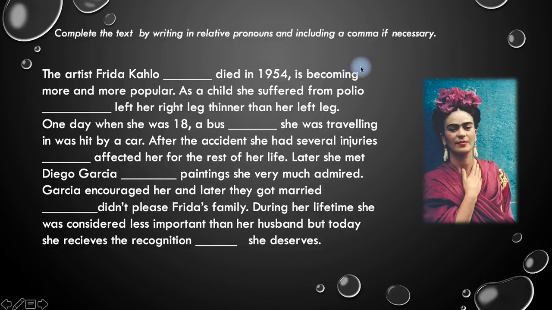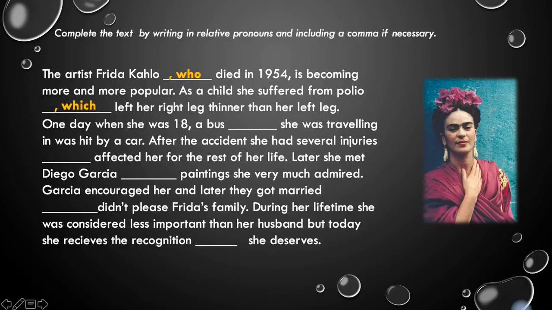Okay. Now let's look at the answers, and I'm going to read the text to you. The artist Frida Kahlo, who died in 1954, is becoming more and more popular. Yeah, non-defining extra information. As a child, she suffered from polio which left her right leg thinner than her left leg.